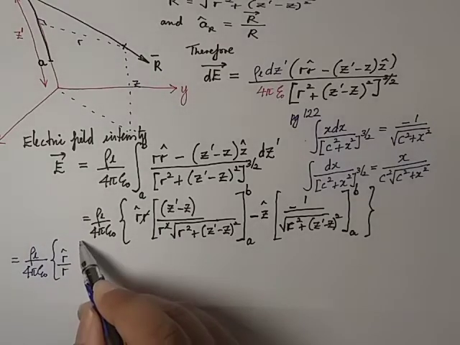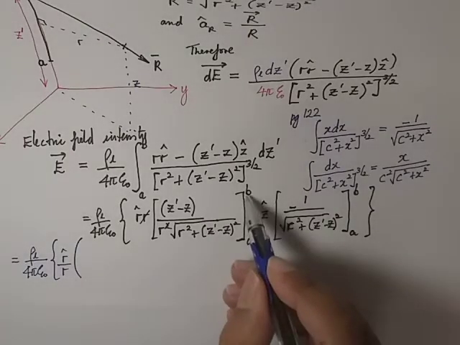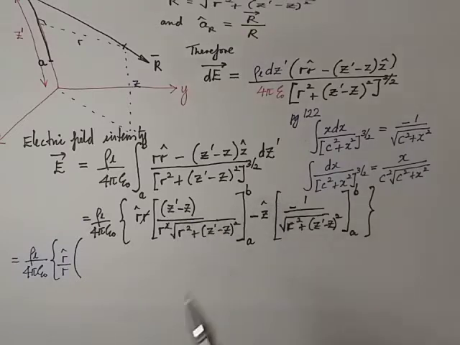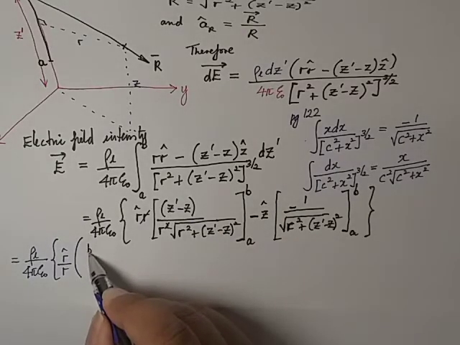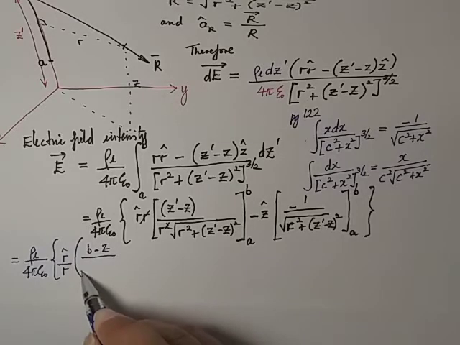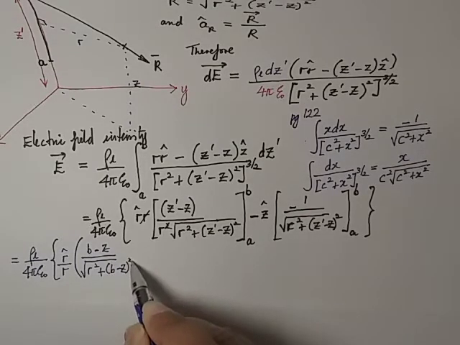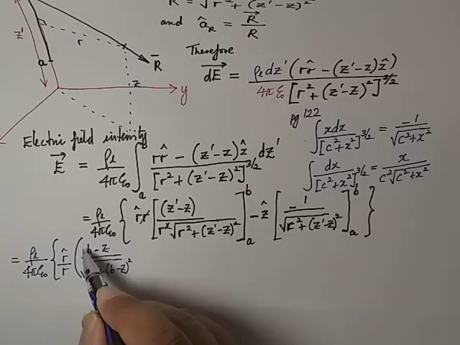Then I'm going to substitute now. So I'm going to first substitute which term? B. So Z prime with the B. So therefore should be B minus Z divided with the square root of R squared plus B minus Z squared. So that should be the first substitution.